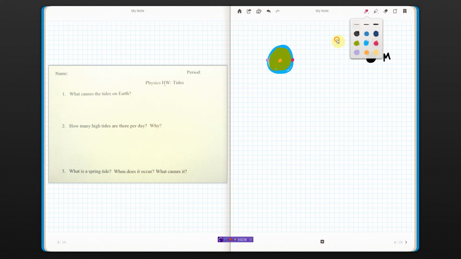It's being pulled the hardest. The orange is pulled second hardest, and the lavender is pulled the least, but still pulled. This is not to say that it doesn't get pulled at all. There's an arrow there.